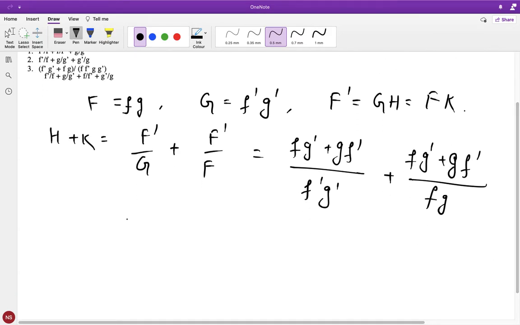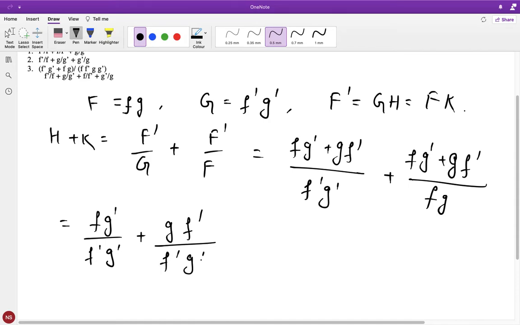So just split the terms: f g dash by f dash g dash plus g f dash by f dash g dash plus f g dash by f g plus g f dash by f g.